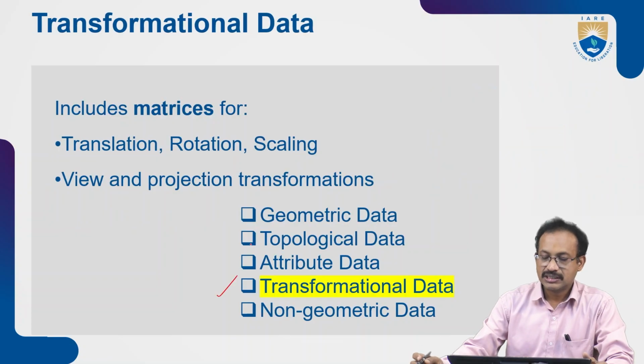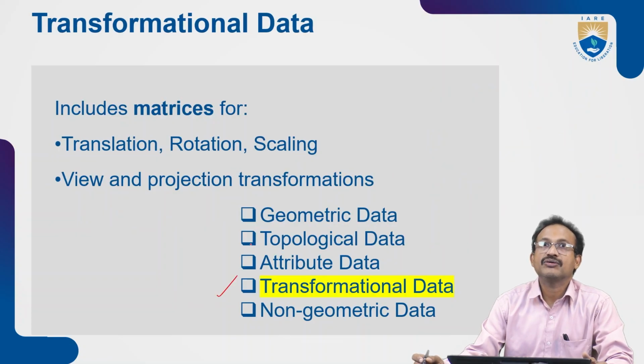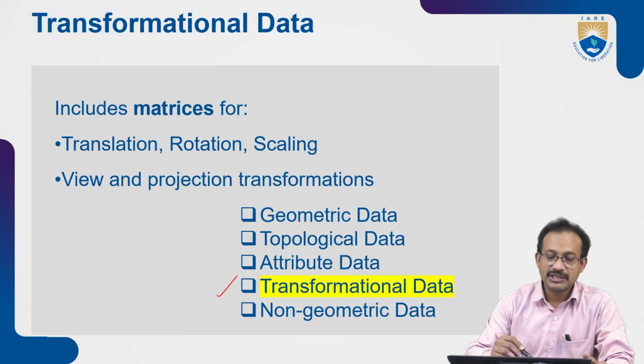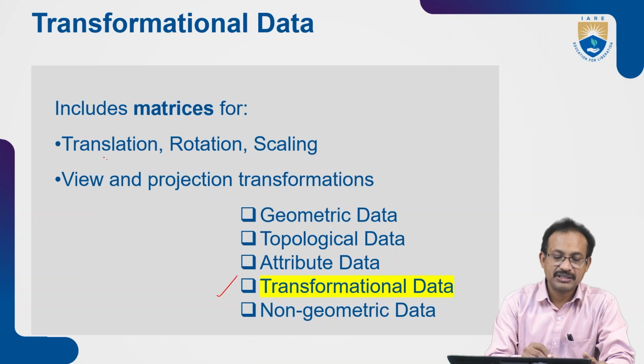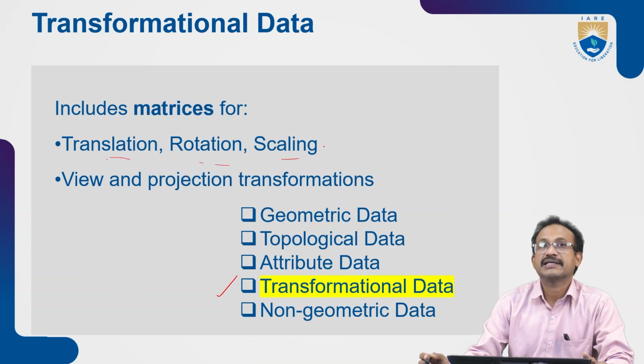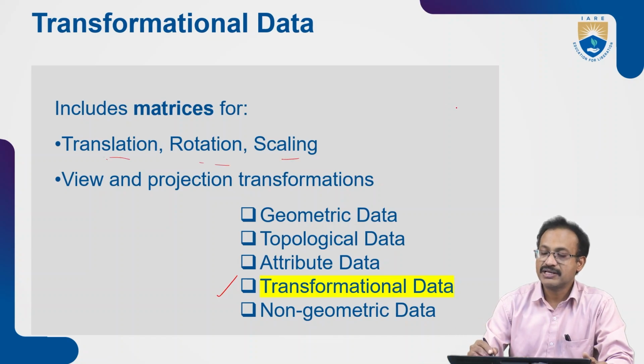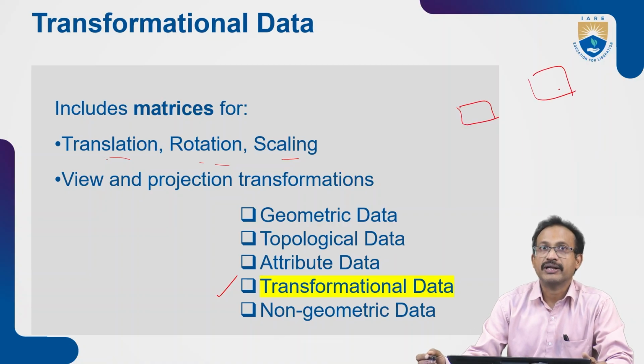Next, transformational data includes matrices for translation, rotation, and scaling. So here the image of an object can be translated from one location to another location, or it can rotate from this position to this position, let us say.